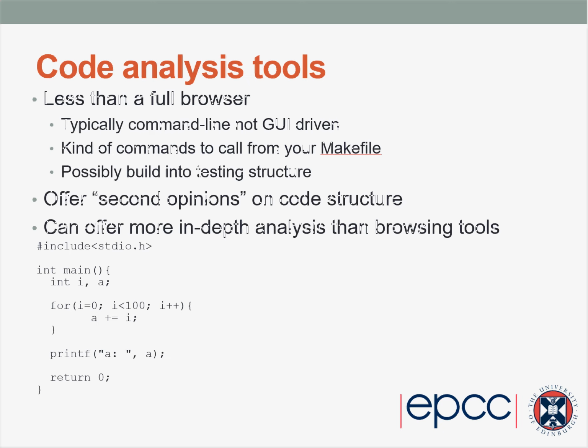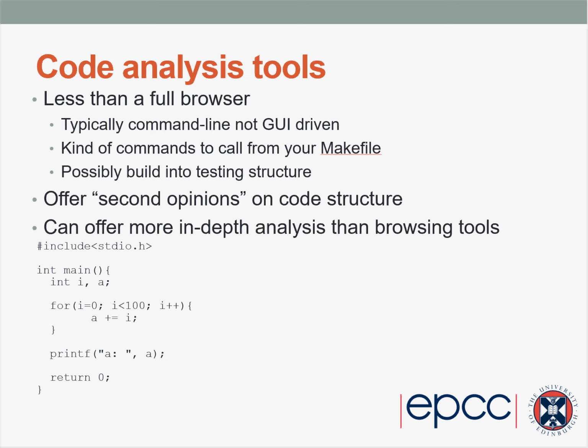So beyond that, but not full integrated development environments or full code browsing tools, there are a set of little functional tools, little programs which can help you in your development cycle. So code analysis tools, much less than full development environments, but particularly for the compiled programming languages like C and Fortran and C++, can give you some information or some insights into your code.